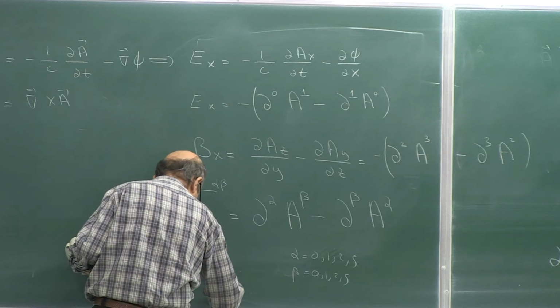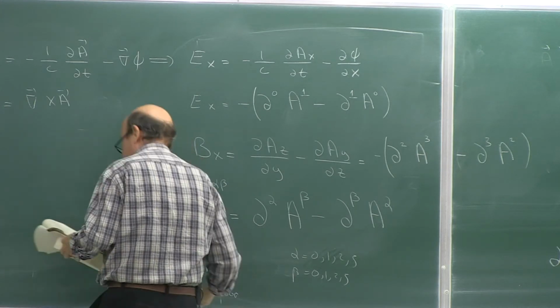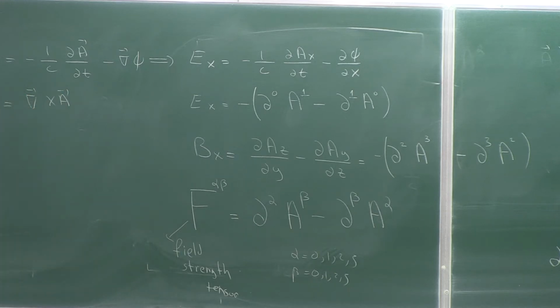So the elements of the field strength tensor are the following. If you write this in 4 by 4, the situation is the following.